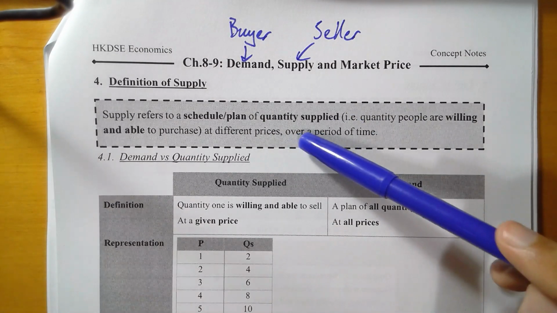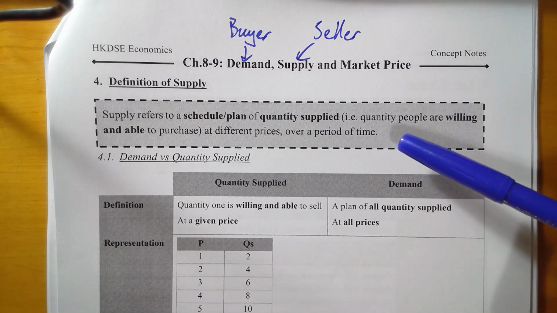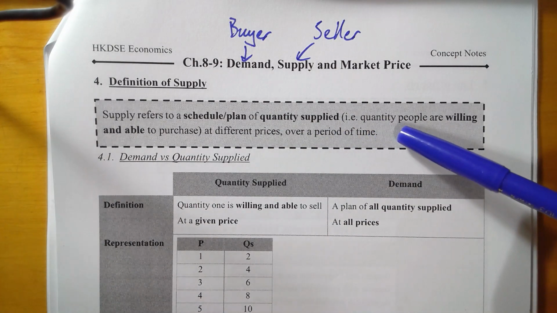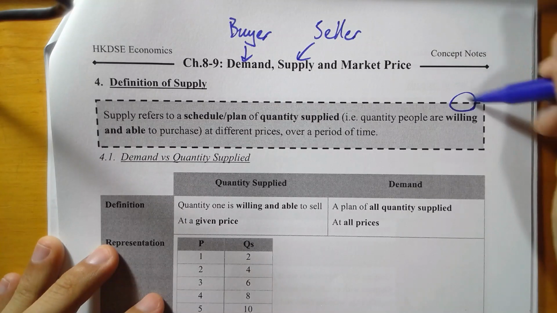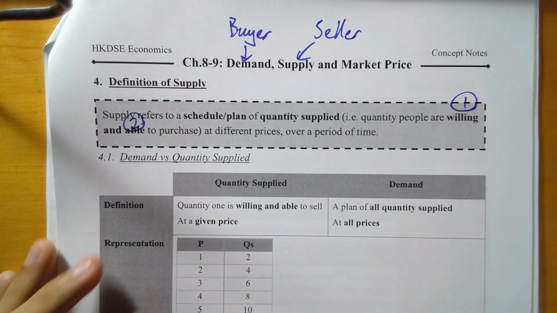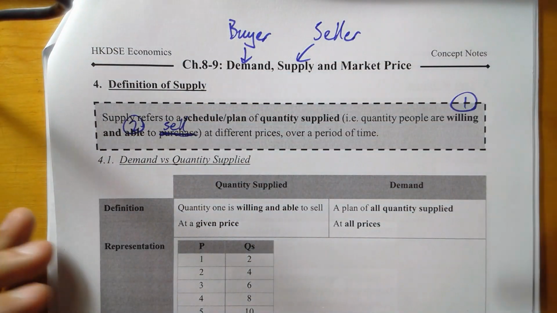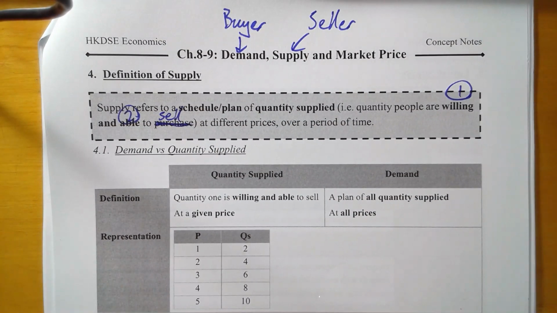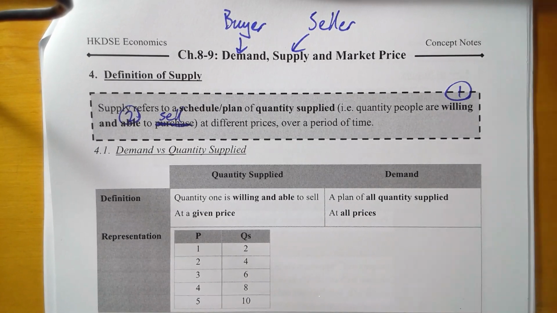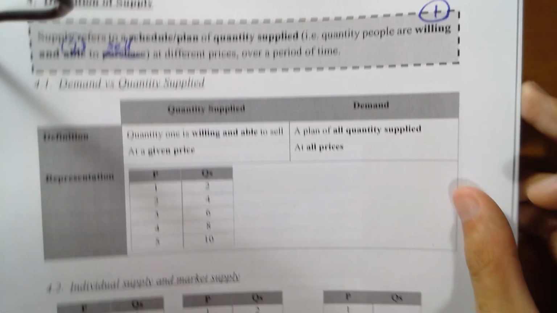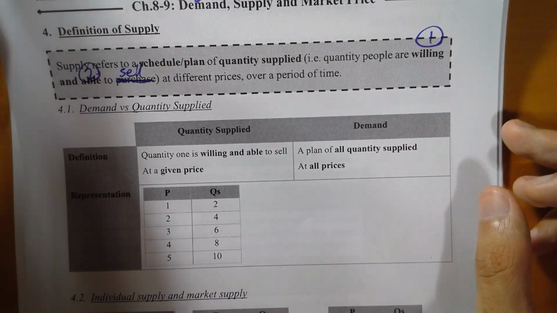When we talk about quantity supplied, we are talking about the quantity that people are willing and able to sell at a certain price. 喺某個價格之下，願意同能夠賣嘅數量, we call those quantity supplied. Just business as usual. We are going to go through this very quickly.